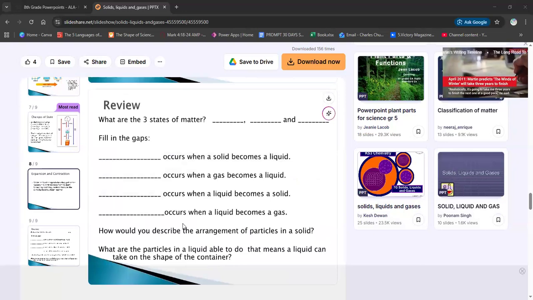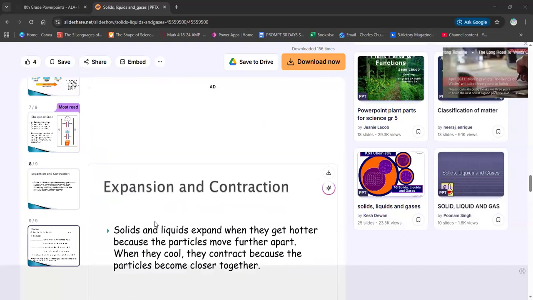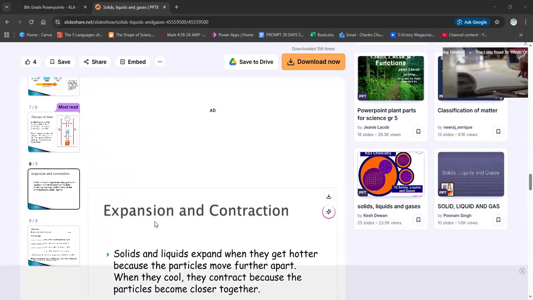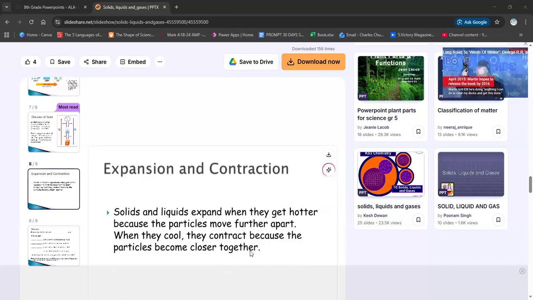When they cool, they contract because the particles become closer together. And when that keeps on happening, they contract so much that, please take note, it looks like they are no longer moving because they now become rigid. That's the part where liquids become a solid, and that's what's called freezing.